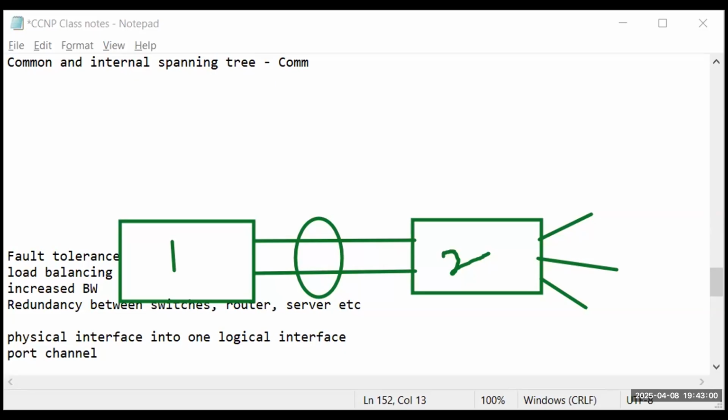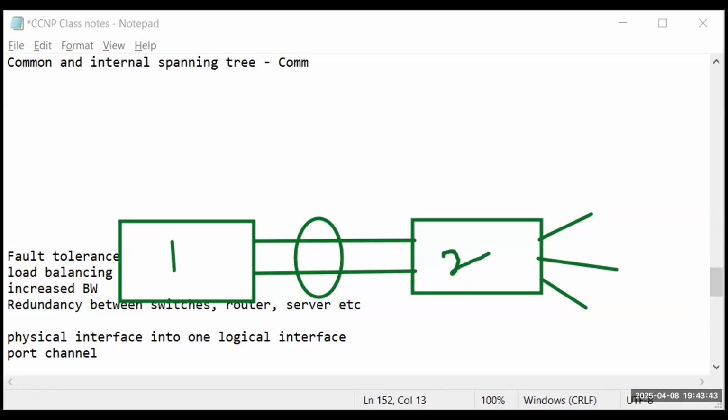Aggregated is summed up or added together. Say 4 interfaces are there, 100 Mbps each. So altogether we will get 400 Mbps speed. So all those physical interfaces will be aggregated and configured into one logical interface. So that is Ether channel.